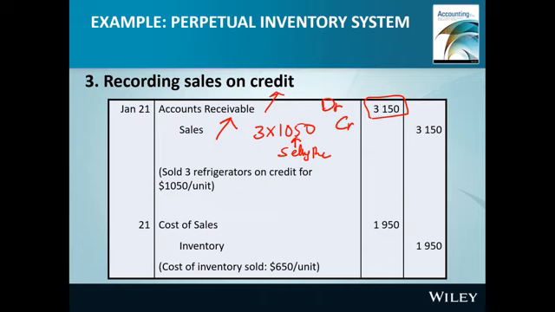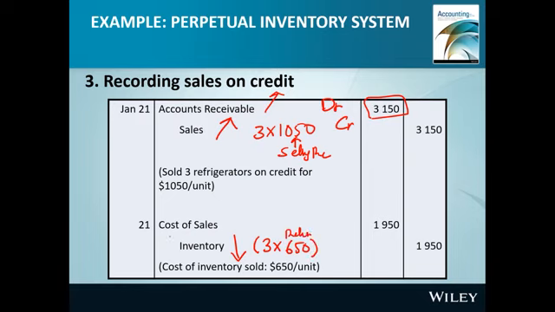What happened to your inventory? When you sell the item to your customer, your inventory value will reduce. Inventory is an asset, and now inventory reduces, so you need to credit your inventory. What is the value? 3 times 650. This is the cost, the purchase price.